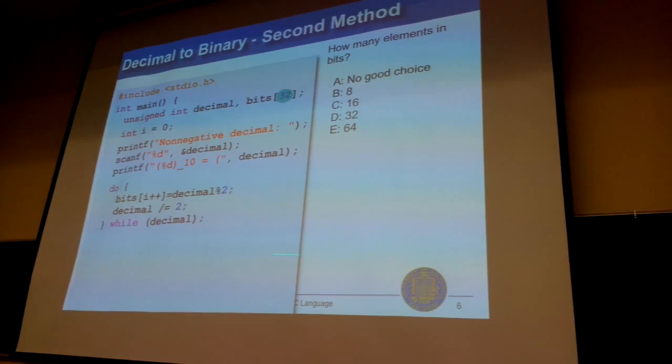So then once we have decimal in this array of bits, we need to go back and print it out. And keep in mind, you want to print out from most significant binary digit to the least significant binary digit. And so the way we do that is we set up a while loop where we subtract off 1 from I. And the reason why we are proceeding here, if you remember, in the final operation, we will have added 1 to I before exiting.